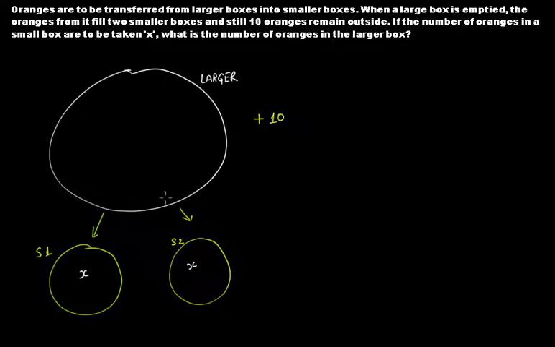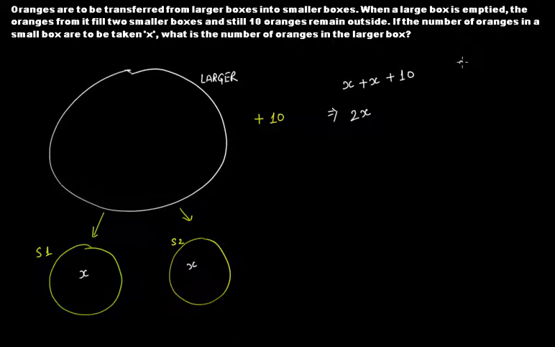So this was a larger box. When it got emptied into these 2 smaller boxes, this box will have x oranges, this box will then have x oranges, but still 10 oranges are left outside. So this small box has x oranges, this has x oranges, so x plus x plus 10, right? x plus x means what? 2x.